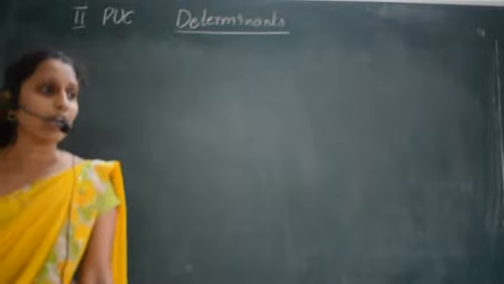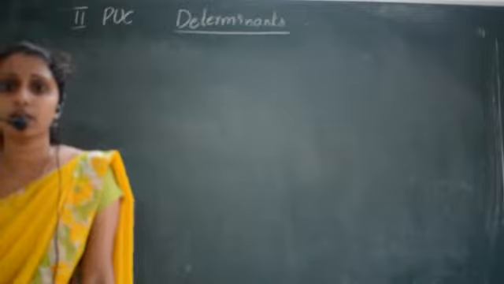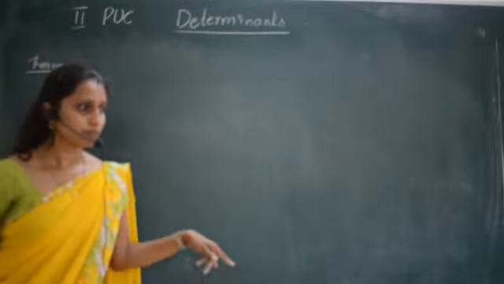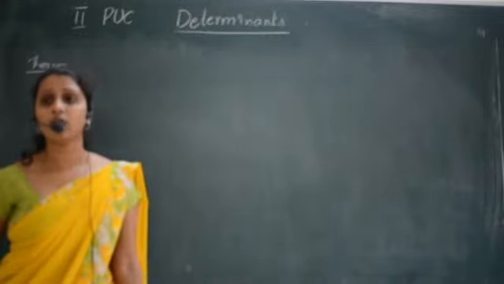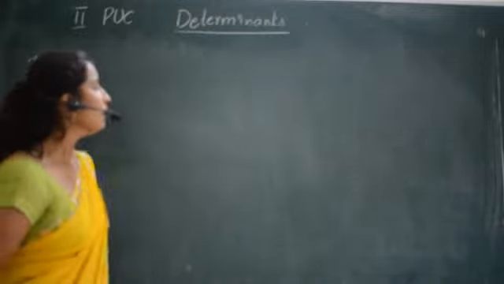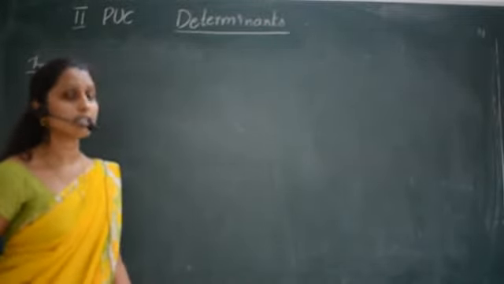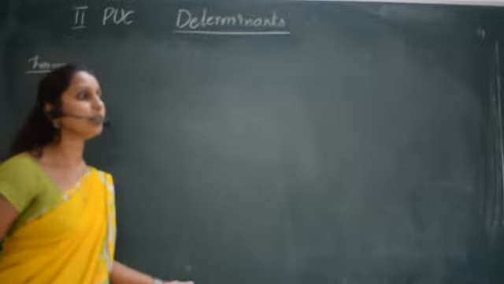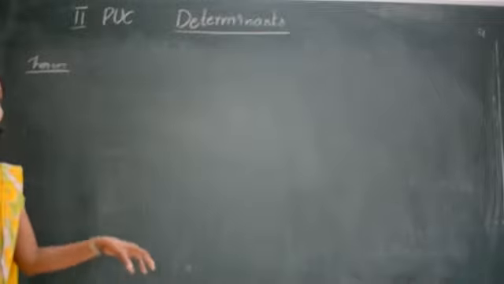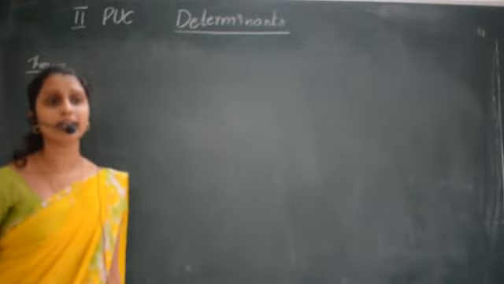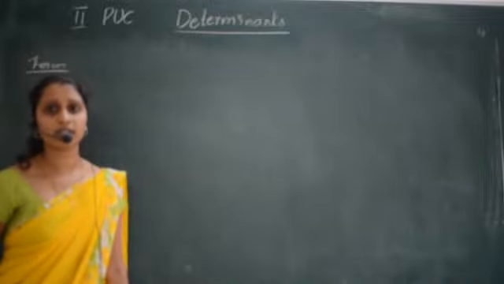While calculating, if we get any row or column with all elements 0, we have said that the inverse does not exist, which means that matrix is not invertible. That was in the chapter on matrices. Now we are discussing determinants: using determinants, how we can find the inverse, and how we can tell whether a given matrix is invertible or not, that is, whether the inverse exists.